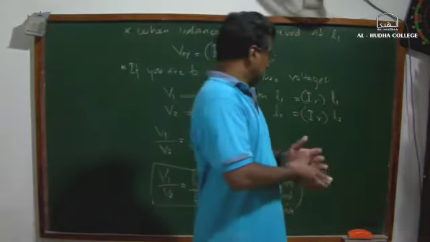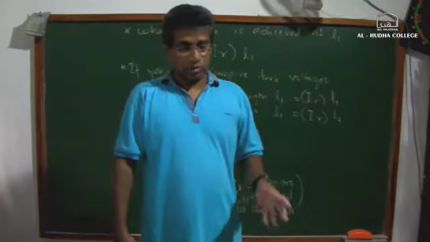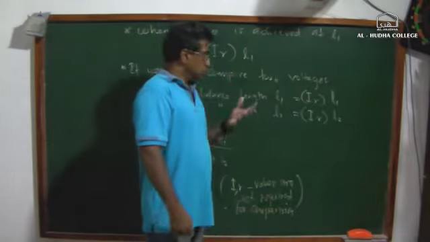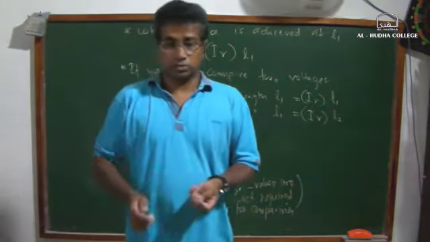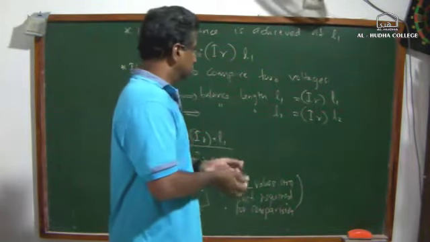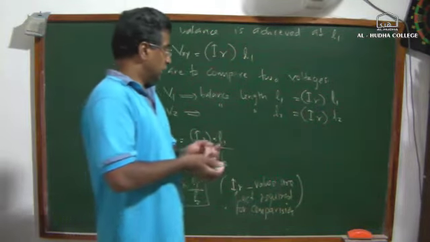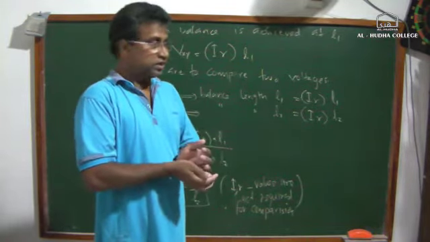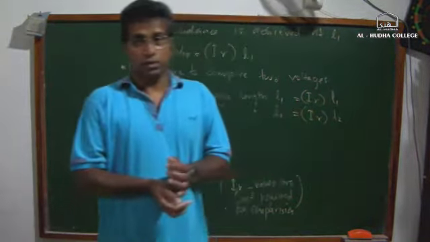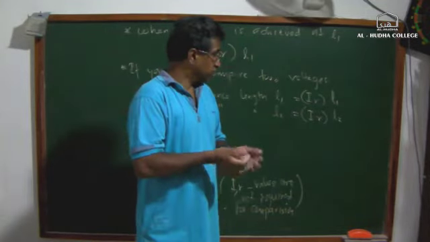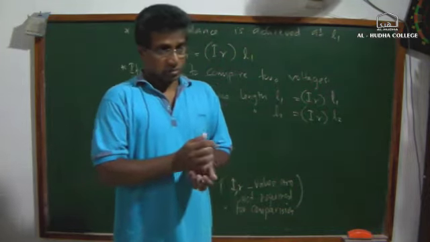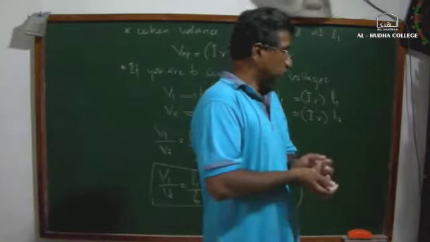So in the next class we will try to do some experiments, because in structured questions you normally get experiments. So we have to understand how to do an experiment. We will look at some typical experiments normally found in exam papers, and then we will also do some questions. So with that the measurements section will be over. Then we can move on to other sections. But before that I would like to do a question section. After finishing the practicals, we can do questions.